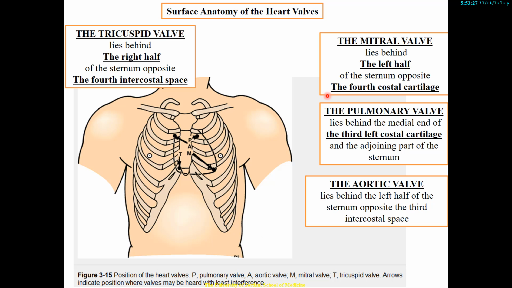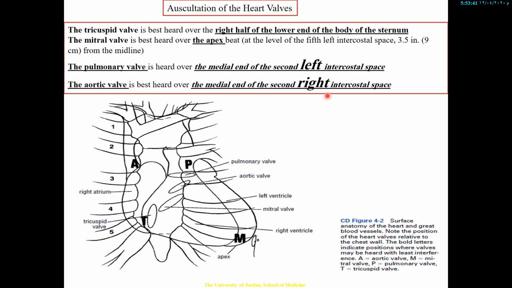The anatomical position of the valves does not necessarily coincide with the place where we listen to their sounds, and that is due to the hemodynamics inside the heart. And I'm sure in the physiology course they explained this very well to you.